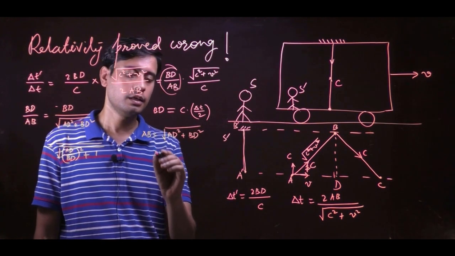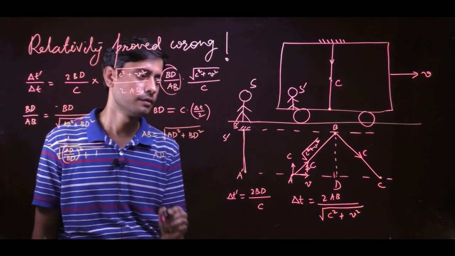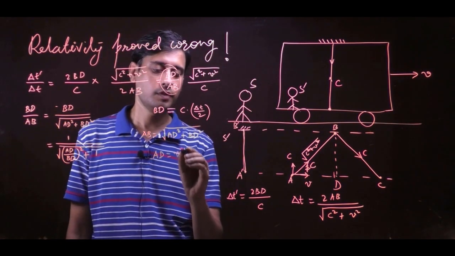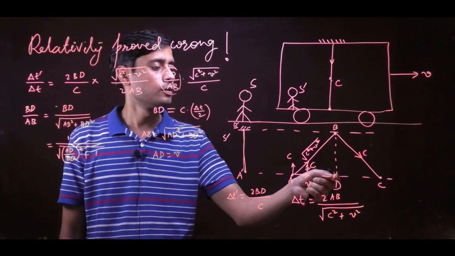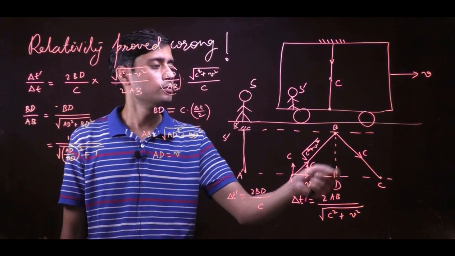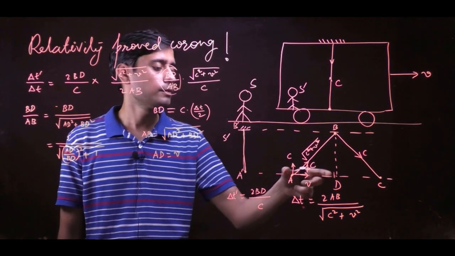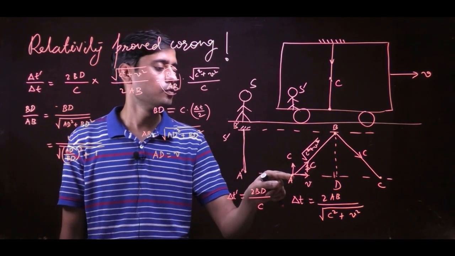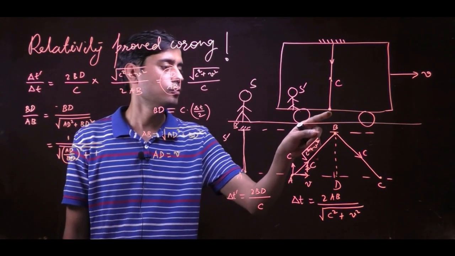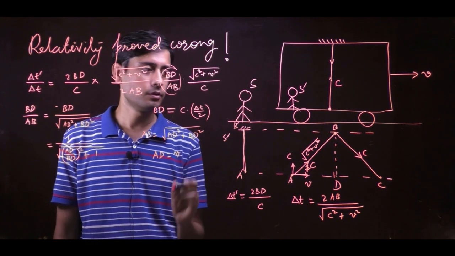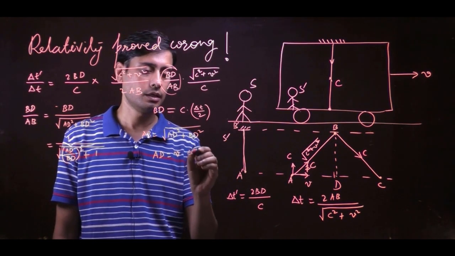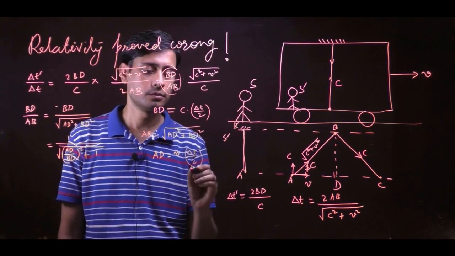Now this AD length is given by the speed v. The time in which the light beam goes from D to B is the same time taken by the train to move from A to D. So AD is v into delta t upon 2.